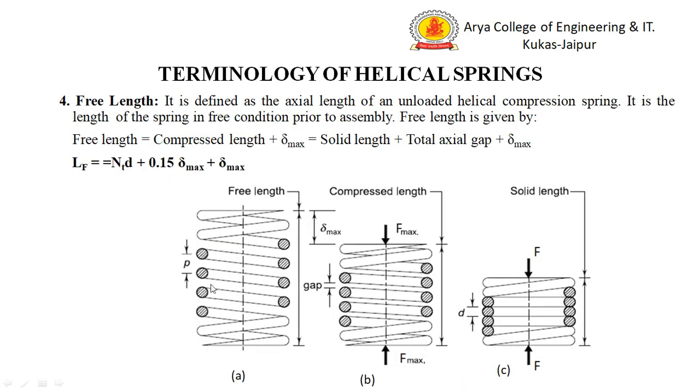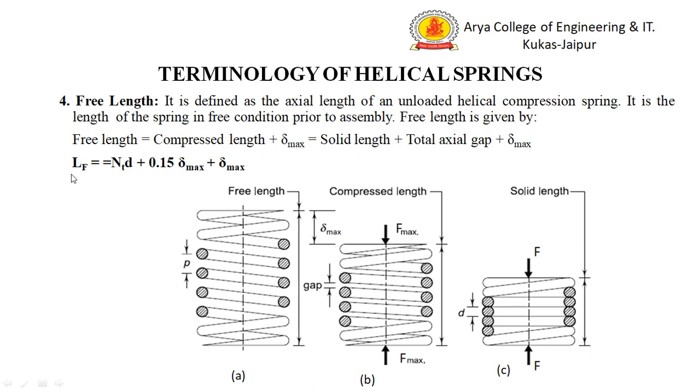Now the free length. Free length is the length of the spring in the free or unloaded condition. So as shown in figure A, free length is equal to compressed length plus delta max, and compressed length is equal to solid length plus total axial gap.